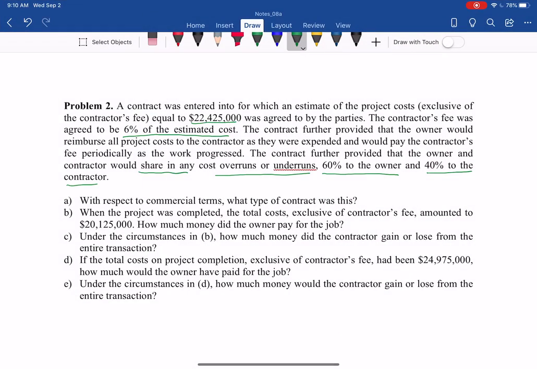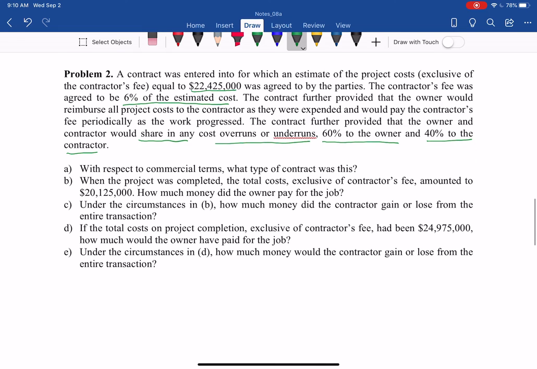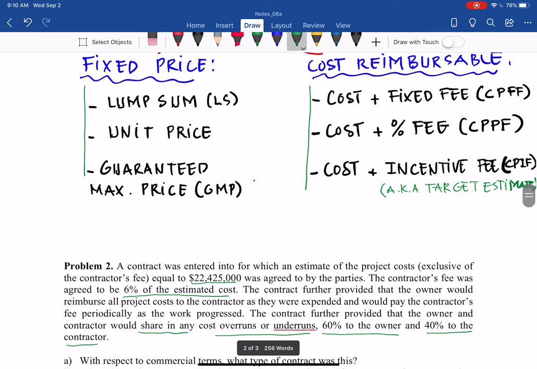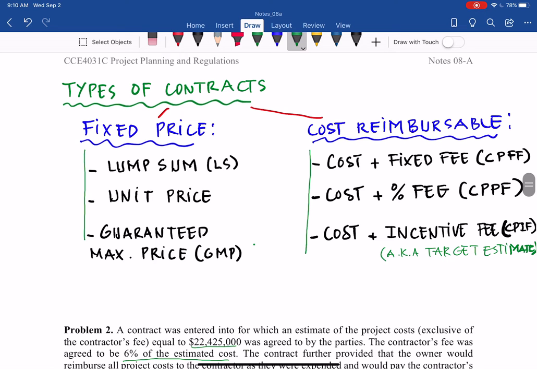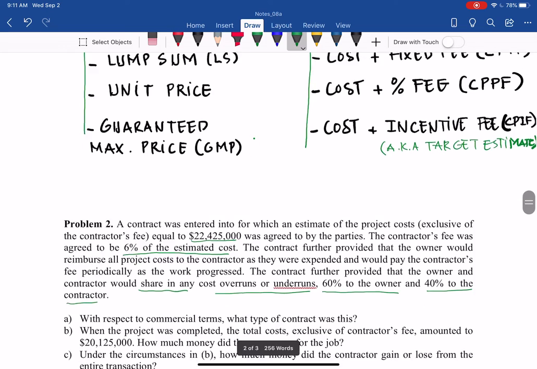Now let's apply to here, and I assume you were able to get that from the other lesson video. With respect to commercial terms, what type of contract was this? So let's see. In terms of contract, we need to see two umbrellas here. Which type of contract did they get into? Let's read here.